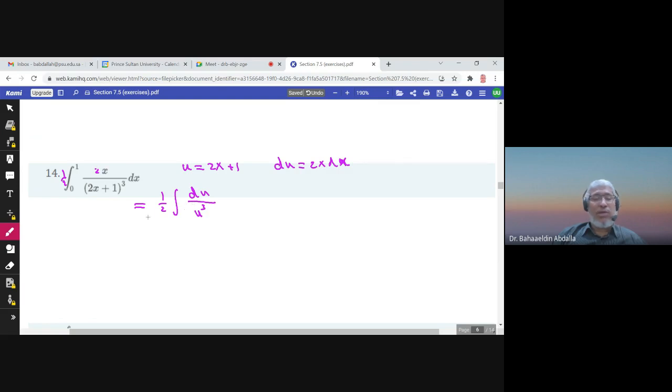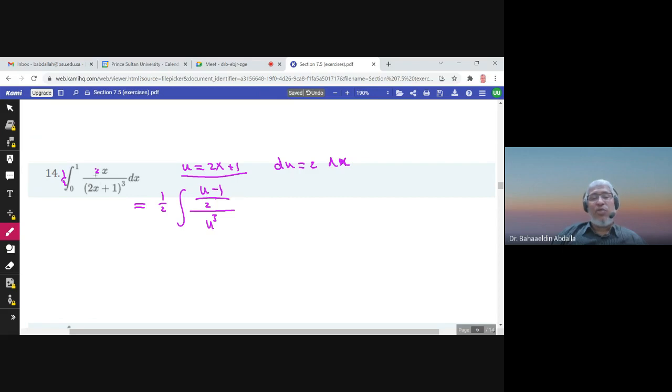There is a mistake. The derivative of 2x plus 1 is just 2, all right? So what to do with x? Well, x I can find it from here. Solving this equation for x, x is (u minus 1) over 2, over u cubed, all right?